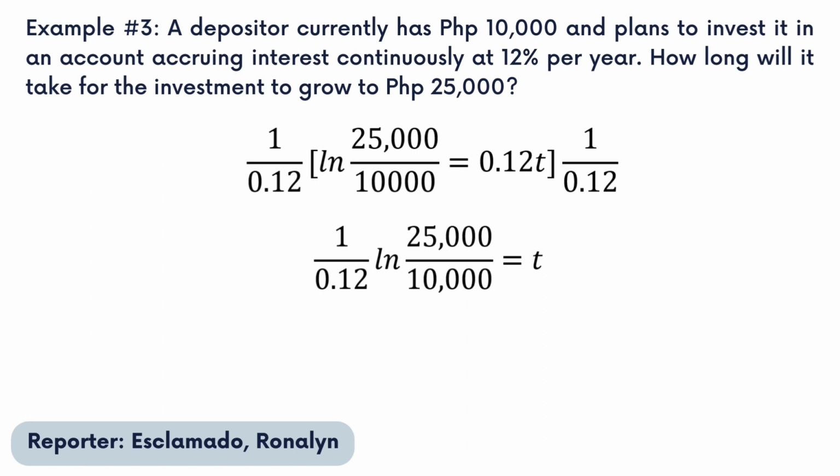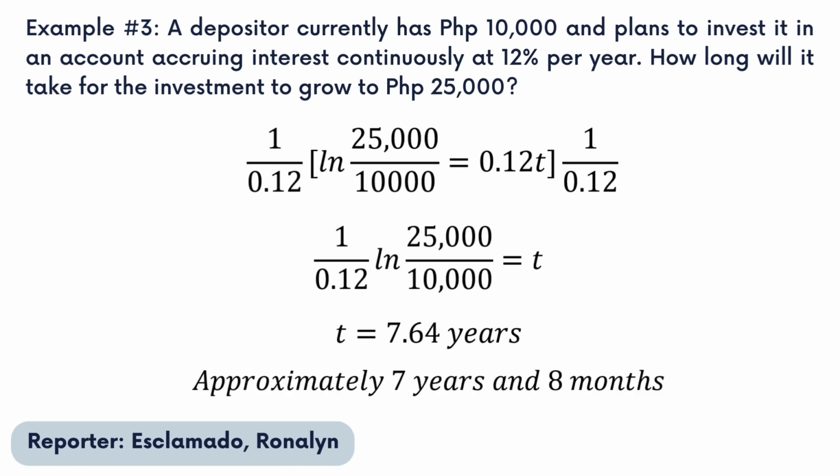While on the left side, the ln of 25,000 over 10,000 multiplied by 1 over 0.12 is equal to 7.64. So our final answer here is 7.64. Therefore, the investment will grow from 10,000 to 25,000 in 7.64 years, or approximately 7 years and 8 months.